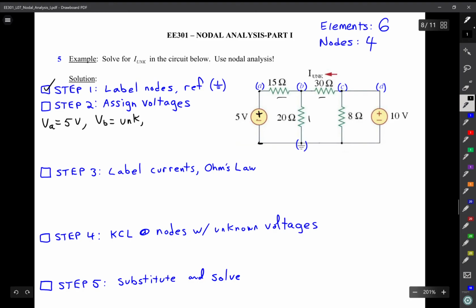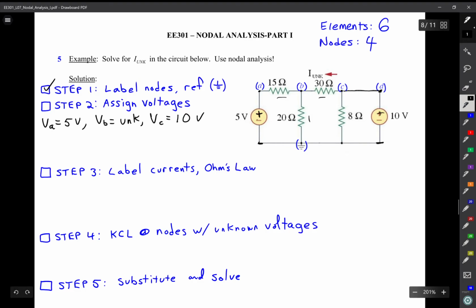So I'll say unknown. Voltage C is the same potential as D because it's just a straight line here and there's no element in there, so it's the same potential. And the potential at D is, well, let's take a look at that. I have the minus sign down here at the ground and the plus side is at node D. So the voltage from node D to ground is 10 volts.